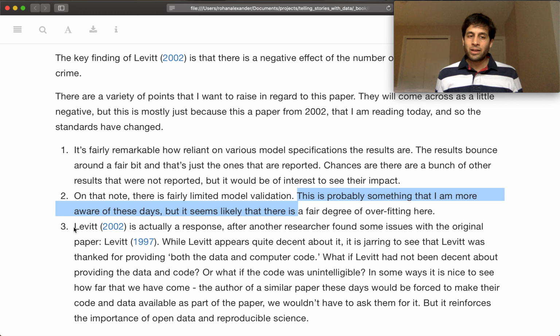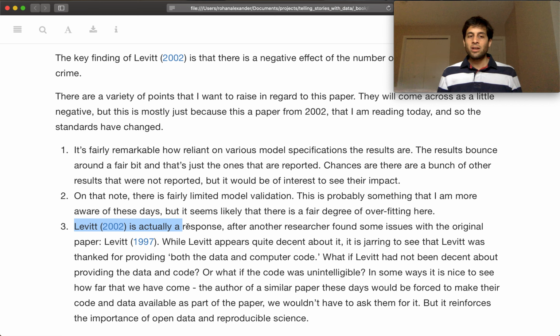And the final and most important comment that I'd like to make is that this paper, Levitt 2002, is actually a response. Five years before this, the original paper was published, and that paper attracted an awful lot of attention, and a few people tried to reproduce it, including one particular author.